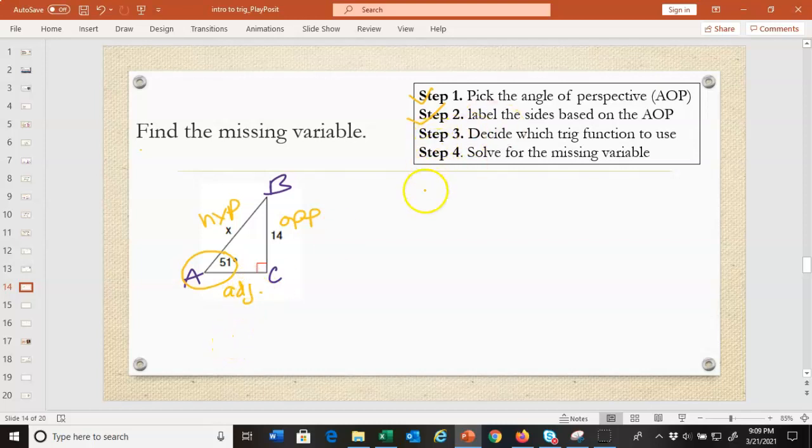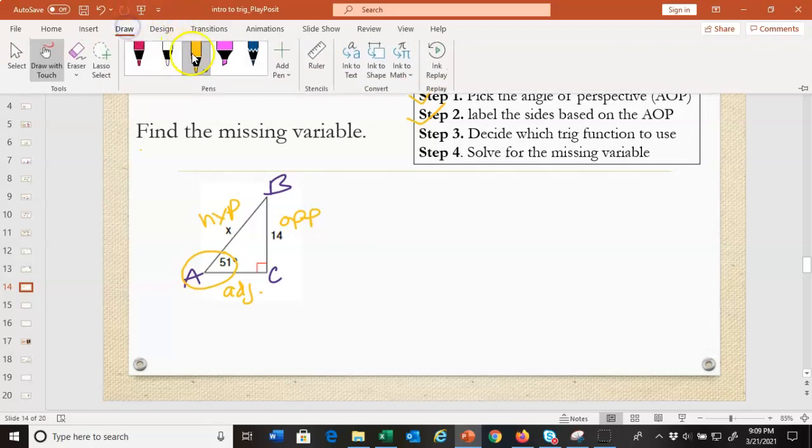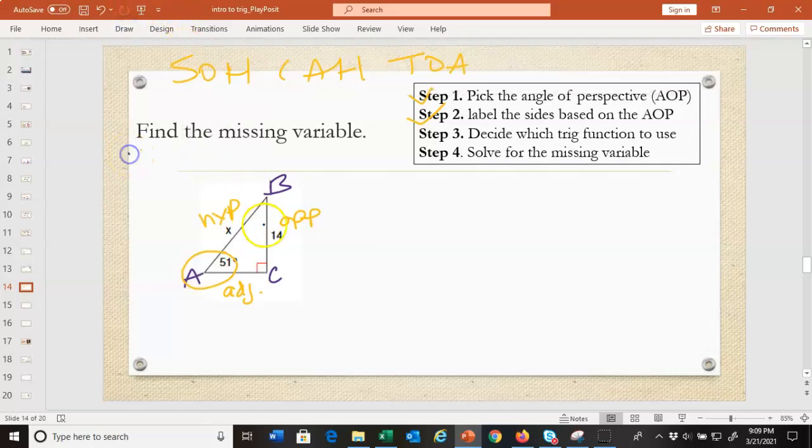Step 3, decide which trig function to use. Sohcahtoa. I'm telling you, Sohcahtoa, it will save you. So we're looking for x. So we know we have to use something with hypotenuse in it, right? So we can't use tangent. Tangent only has O and A. We need an H one.